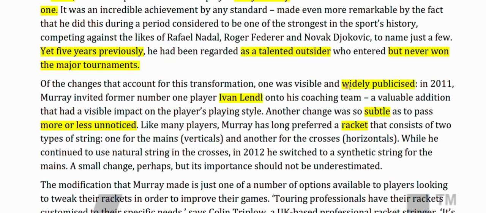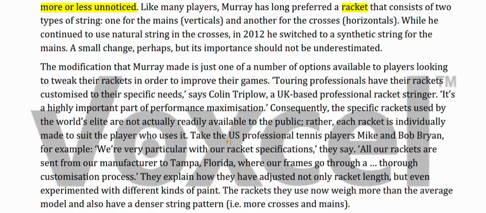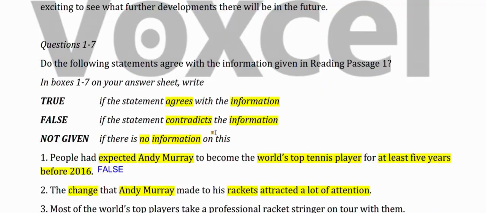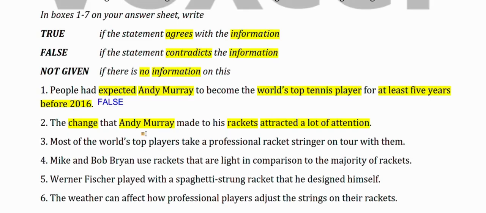So the noticed change was of a person, but the subtle change was of the racket. So the question is saying the change attracted a lot of attention. No, we have read in the paragraph that it went more or less unnoticed. So the answer will be false.